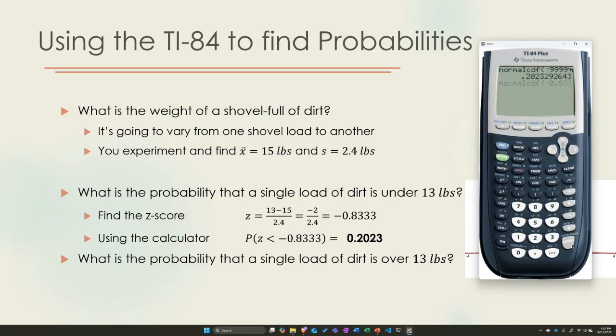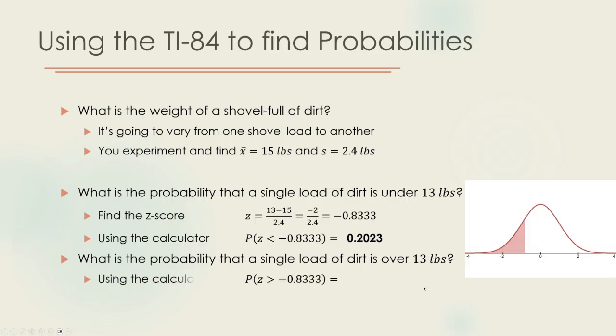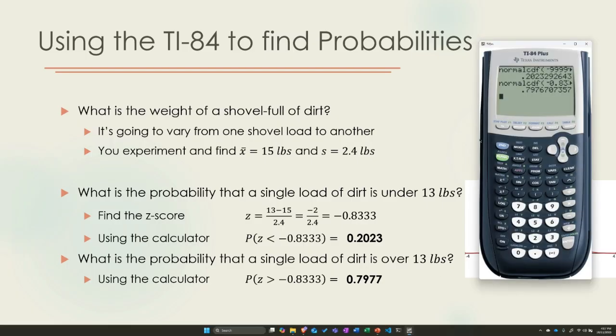Then I push enter, and it'll give you 0.7977 if we round, which is exactly what the answer is. And if you want to see that for the TI-84, you go to distribution, normal CDF, lower bound is negative 0.8333, upper bound is a large positive number, mean of 0, standard deviation of 1.